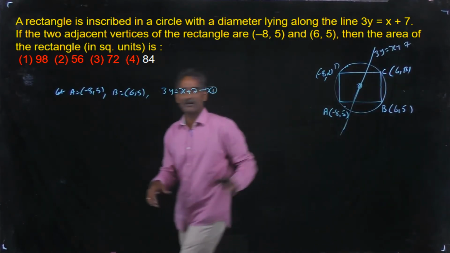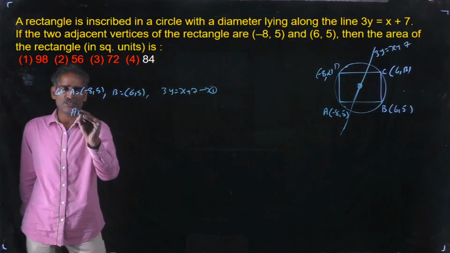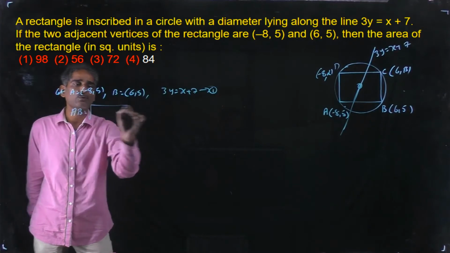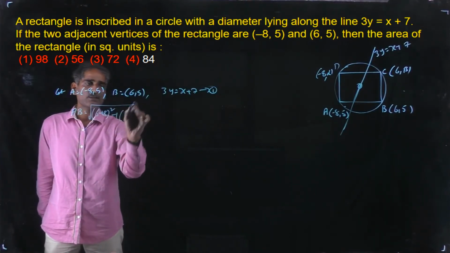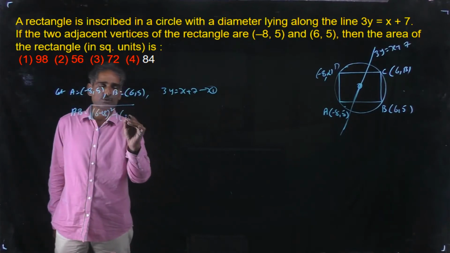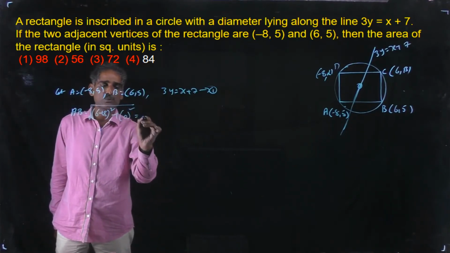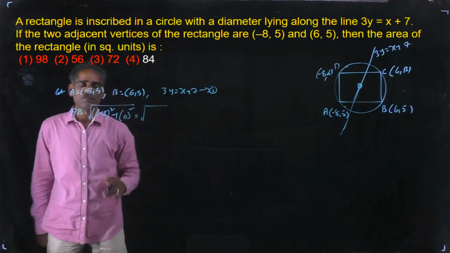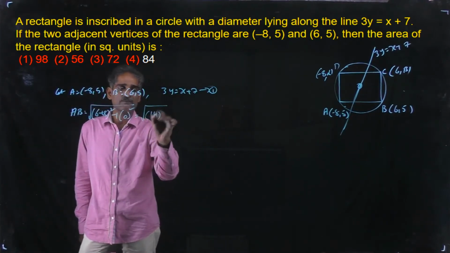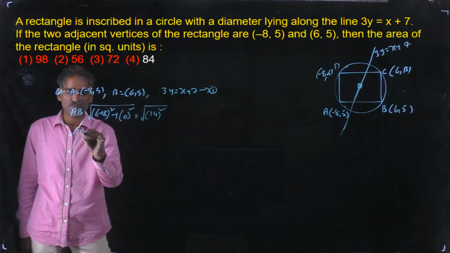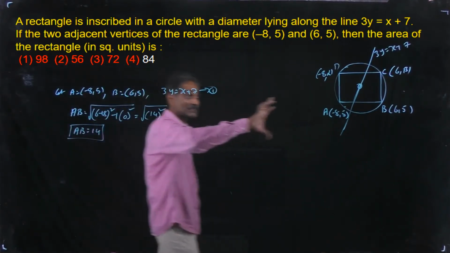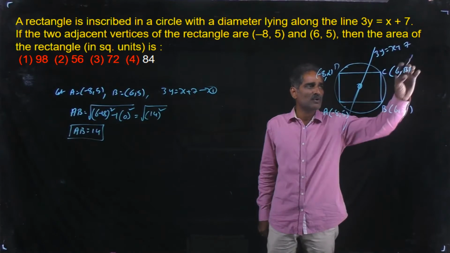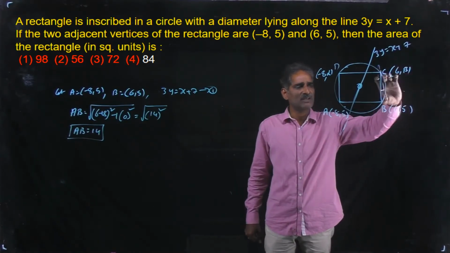So from this, the length of AB is equal to the square root of (6 plus 8) whole squared plus (5 minus 5), which is 0. That is equal to the square root of 14 squared. So the length of AB is equal to 14. We have to find out the length of BC. If you know the value of beta, then we can find BC.